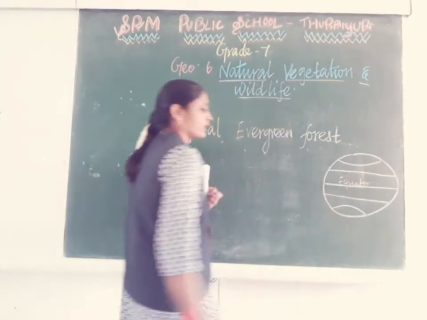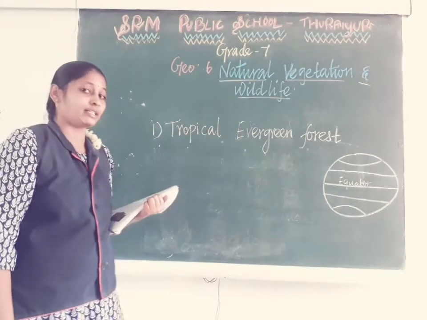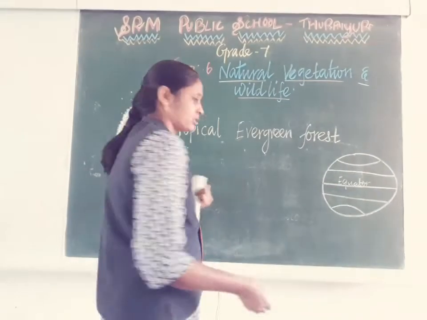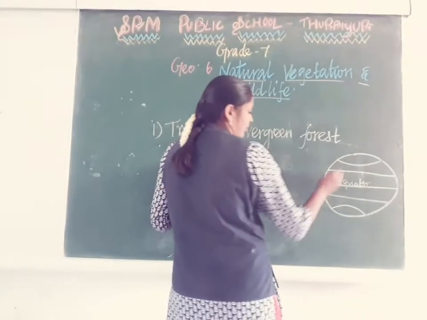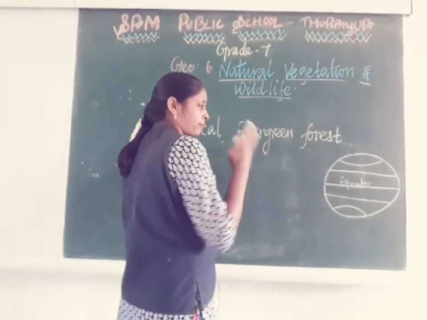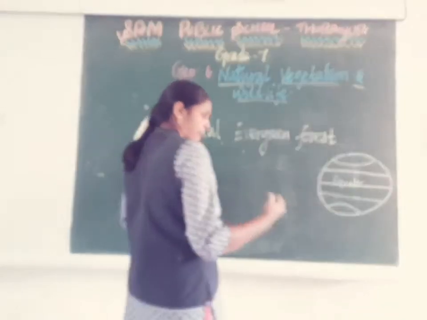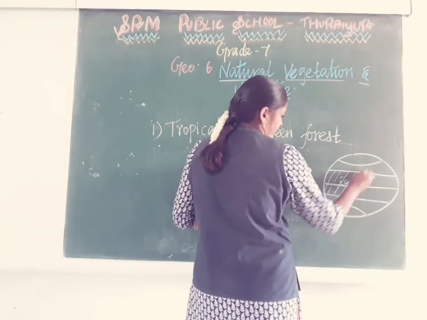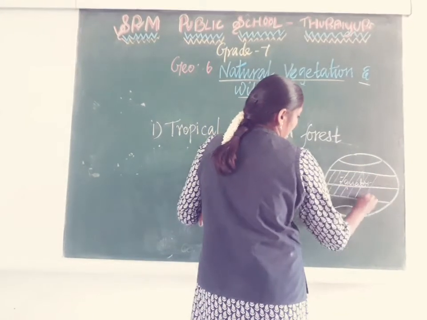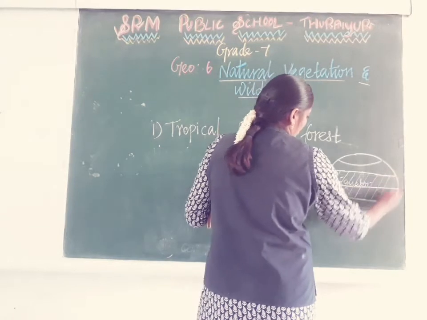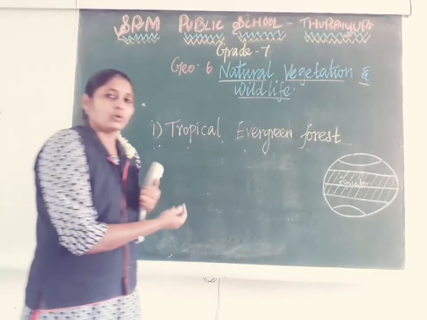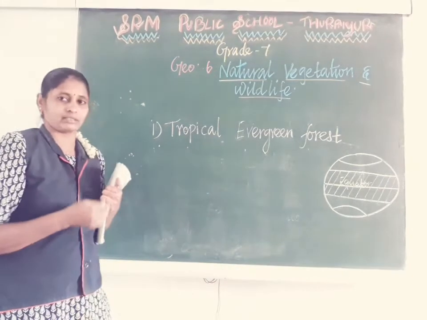In this diagram, you know very well, in the second lesson itself we discussed the heat zones of Earth. The region between the Tropic of Cancer and the Tropic of Capricorn is called the tropical region. This region receives extreme heat from the sun, that too we discussed.